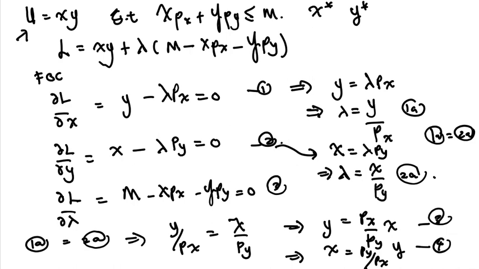If you see here, the main point is to find x star and y star, the optimal level of good x and good y that can yield the highest level of satisfaction, that is u. So this is unfinished work. You should insert 3 and 4 back into the budget constraint to find x star and y star. I won't show you how to do it one by one because this is just simple calculus which you already did in high school or secondary school.